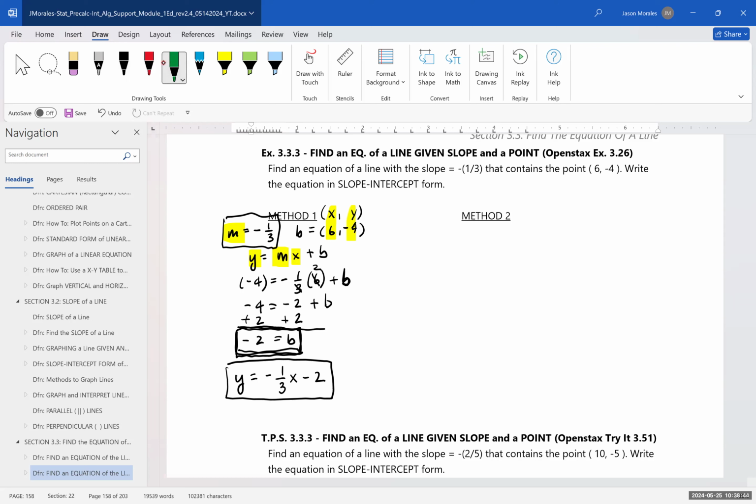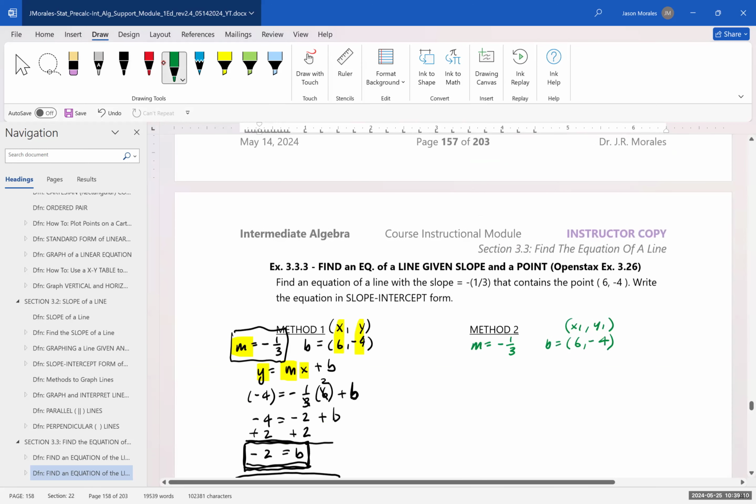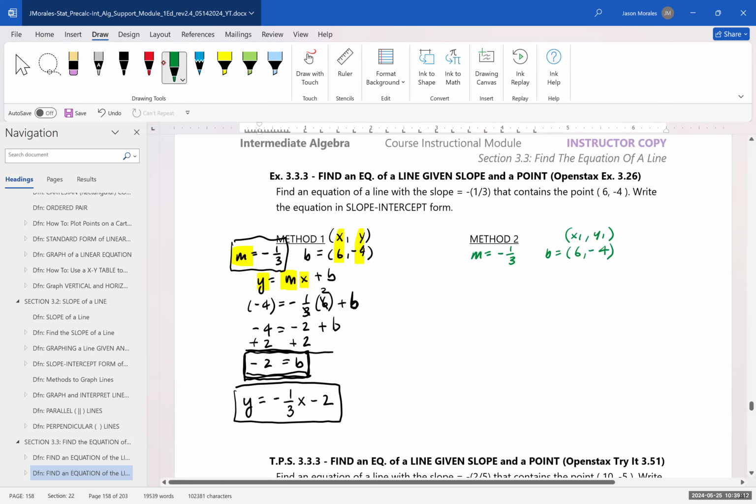Now using the second method, we have our slope and we have our point, and our point is going to be x1, y1. This is in the point-slope form. The point-slope form is y minus y1 is equal to m times x minus x1.